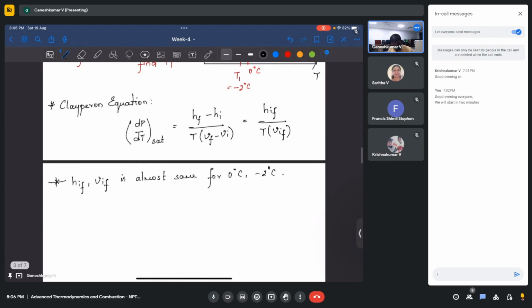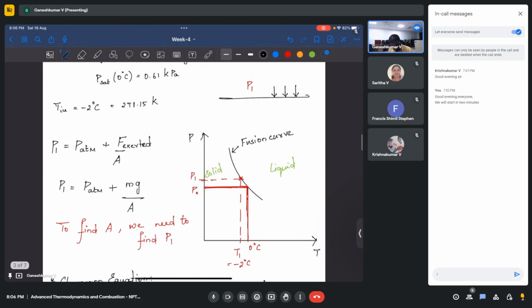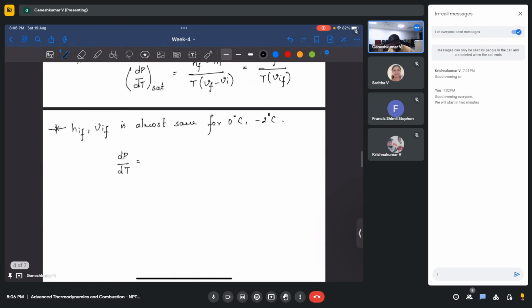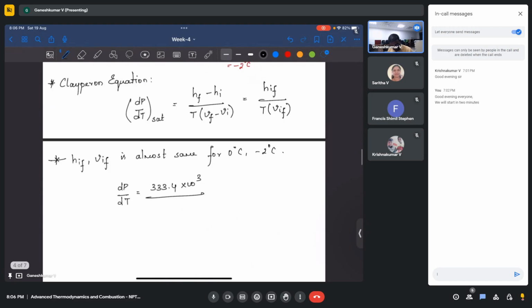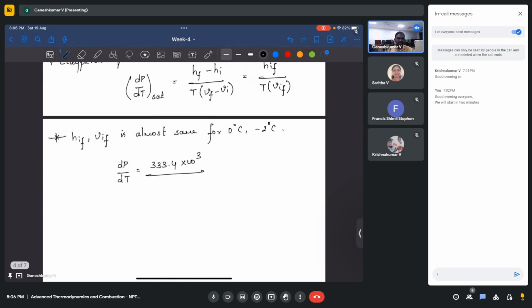Okay, so how do we do that? We have dP by dT, and then Hif is already given, 333.4 into 10 power 3, divided by the temperature. Here it is going to be minus 2 because ice is at minus 2. We are not going from 0 to 2.